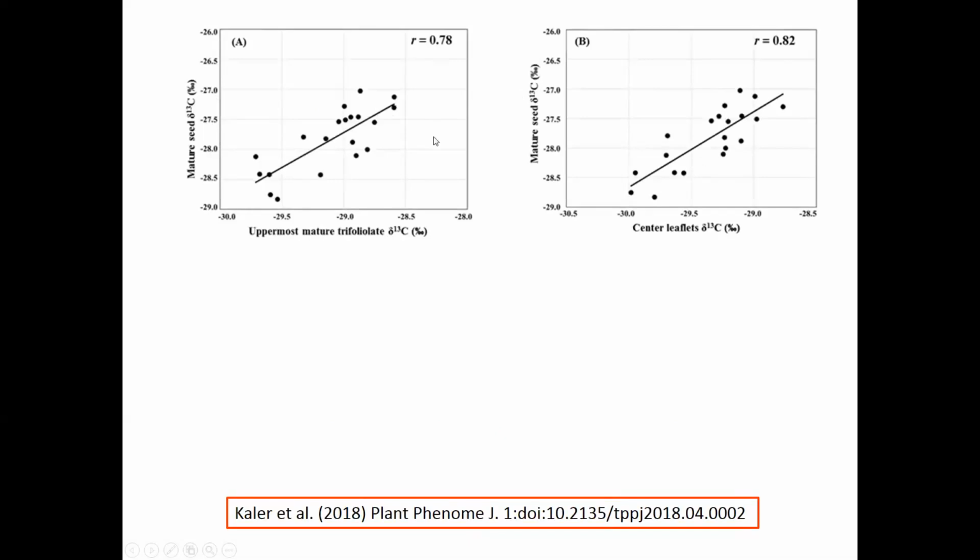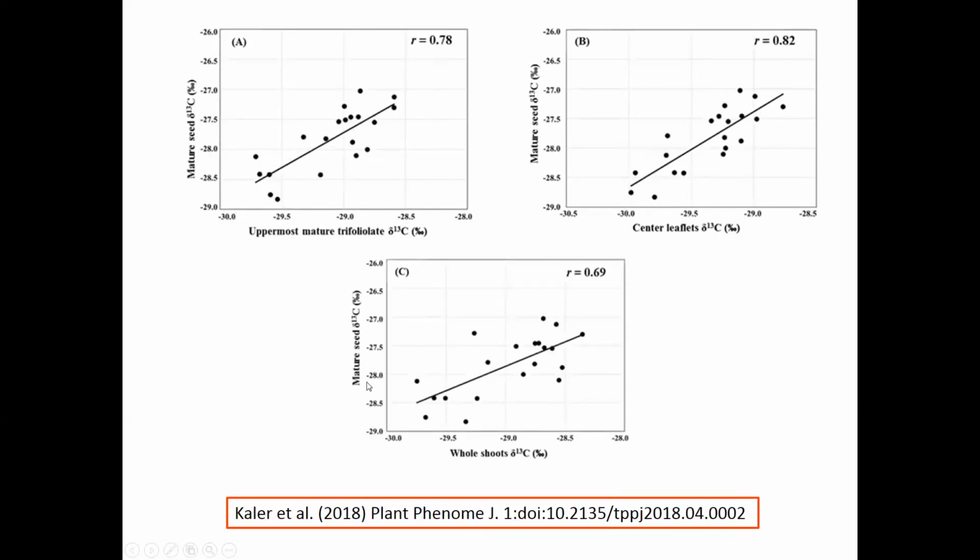Oh, and I should mention that these values are averaged across all environments. And then mature seed versus the whole shoot, again, a correlation of around 0.69. The correlations that we saw for all the different tissues in all environments were significant and relatively high.